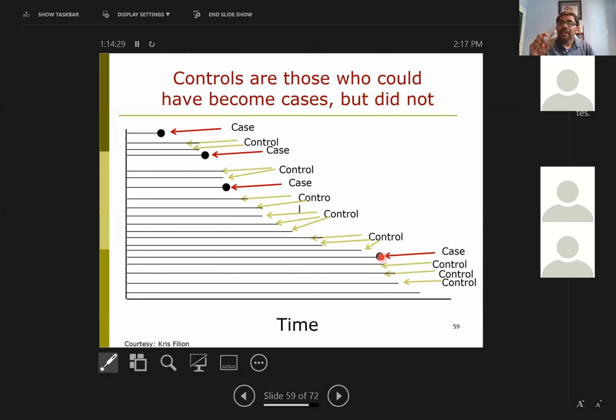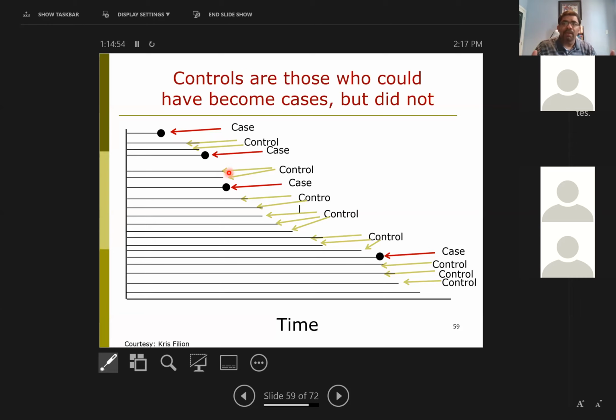And then we need to recruit a group of people that we call controls. Now, who is the best control? The control is someone who is available at the same time as the case event happened, in the same population. They could have become a black dot, but they didn't.